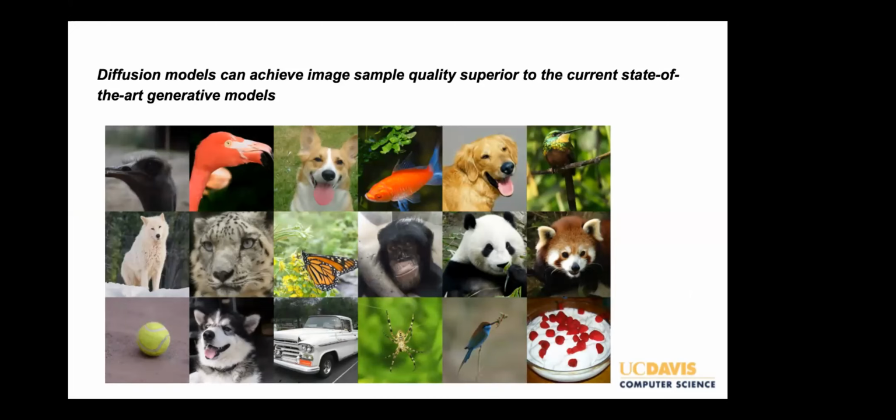Each of these images on the screen is a fully novel image generated by the proposed model after learning from real images. As you can see, they are extremely realistic and diverse. So this paper tells us how the authors were able to achieve this with diffusion models.